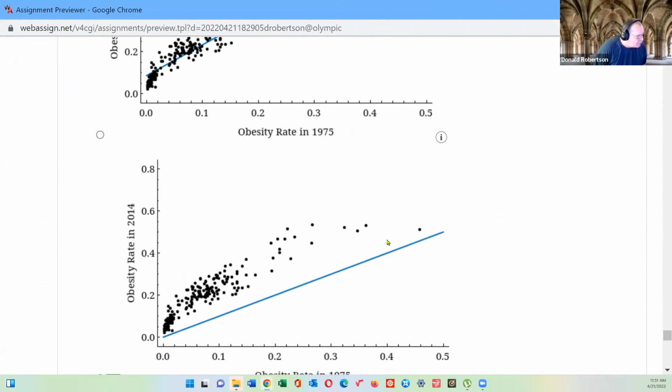And every single one of those dots is above it, right? So if nothing changed, wouldn't all these dots be ziggy-zagging around this guy? But when you look at this, it's bigger in 2014 than it is in 1975. Everybody in the world has got bigger. So doesn't that mean that as a world trend, we're all getting fatter?